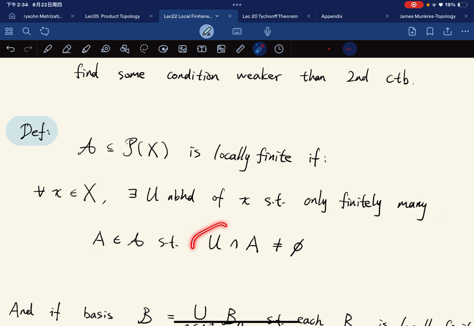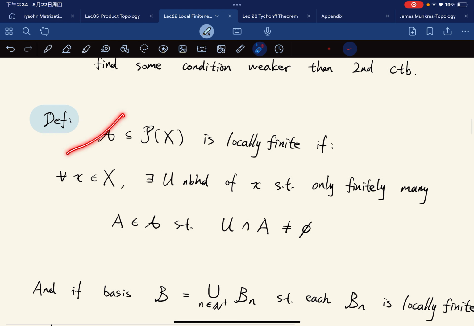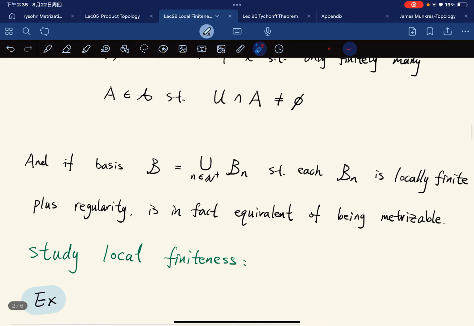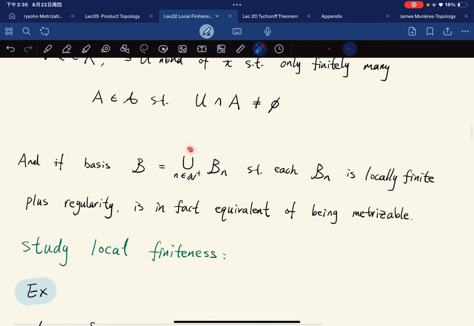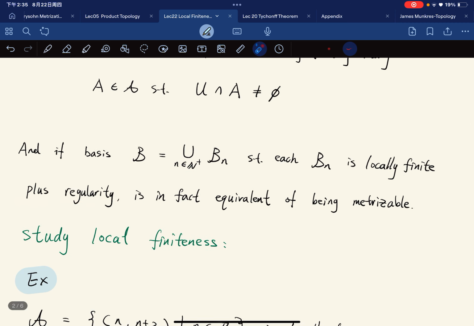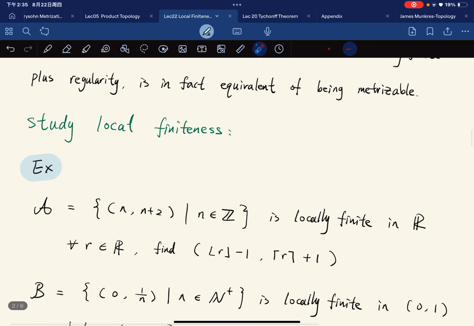So it intersects with only finitely many of the A's. Locally, there exists a neighborhood such that there are only finitely many A with nonempty intersection. And if a basis is expressed as a countable union of locally finite sets, plus regularity, that is in fact equivalent to being metrizable. So for this video, we're going to focus on local finiteness.